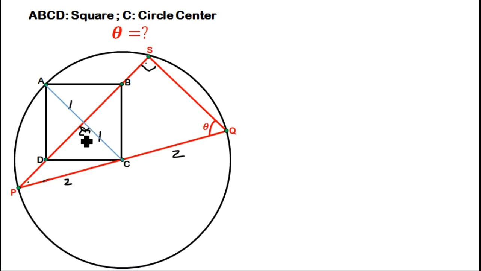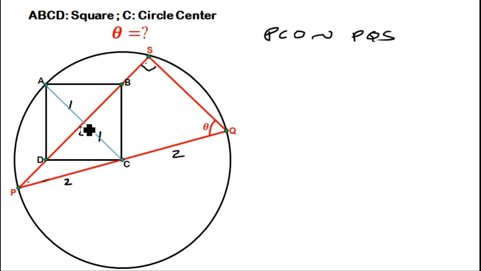So if you look at this diagram, triangle PCO is congruent to triangle PQS. Now, we have the dimensions P to C and C to O, so we can get the dimension S to Q using congruence.